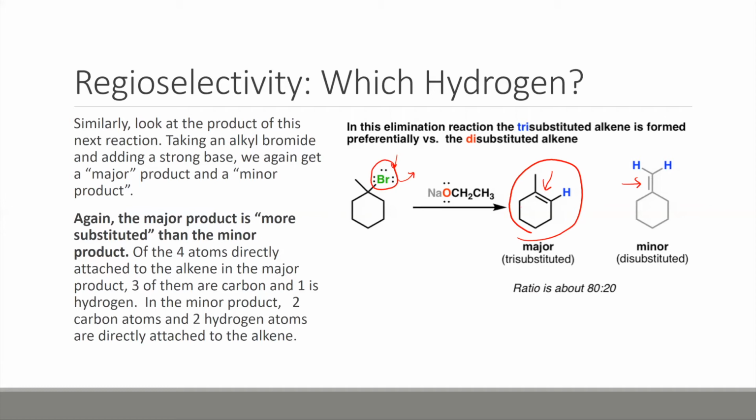Again, look at your double bond and see that there's a carbon, a carbon, a carbon, and one hydrogen, versus this version in which you have a carbon and two hydrogens. So again, elimination reactions will occur in a way that favors a more substituted double bond.